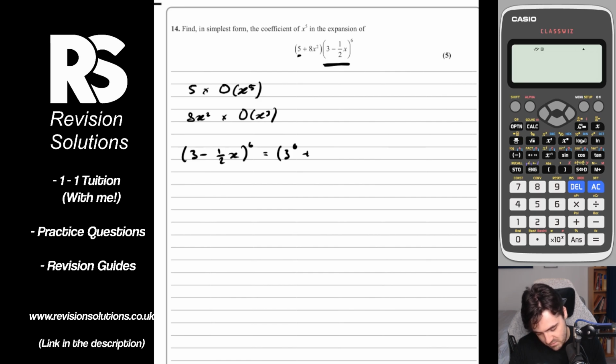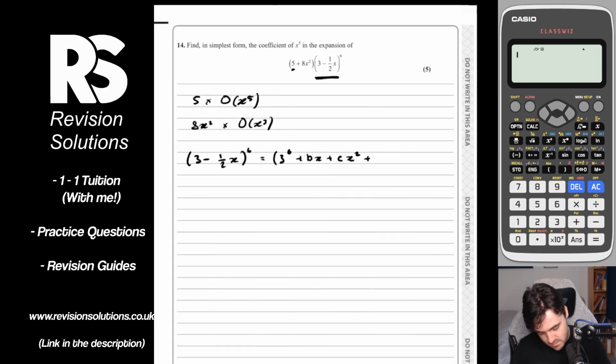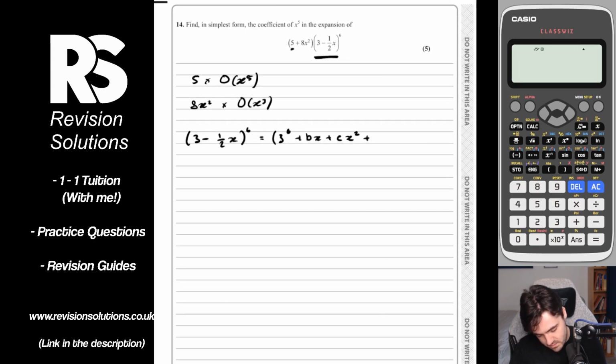So there would be some amount of x, some amount of x squared, and now we need to actually worry about the amount of x cubed we want. So the amount of x cubed we'll get, using the formula, would be 6 choose 3 times 3 cubed times minus a half x cubed.